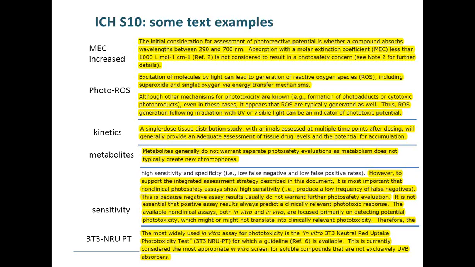And then a bit later it says in two paragraphs something about the skin models, which is a very nice text. It says, A, they have an important role as a second tier. B, if you have a material absorbing exclusively in the UVB, you should probably directly test it on a skin model, because the skin models tolerate more UVB than the 3T3 cells.